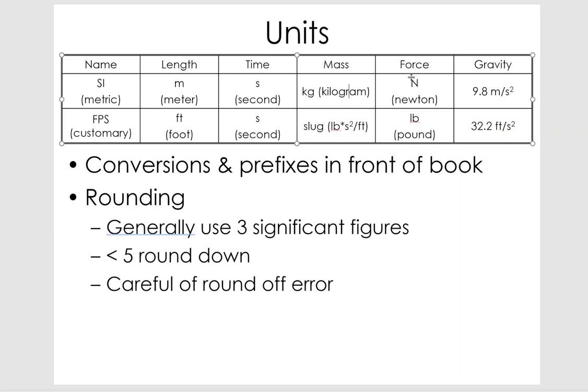Now, the problem that often happens here is people think of kilograms and pounds as interchangeable. They really are not. Kilograms are a mass, pounds are a force. Newtons and pounds can be interchangeable with a conversion factor. Kilograms and slugs can be interchangeable, but you shouldn't go from mass to force across units.